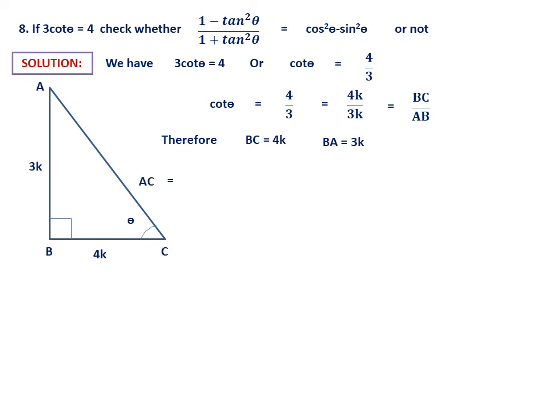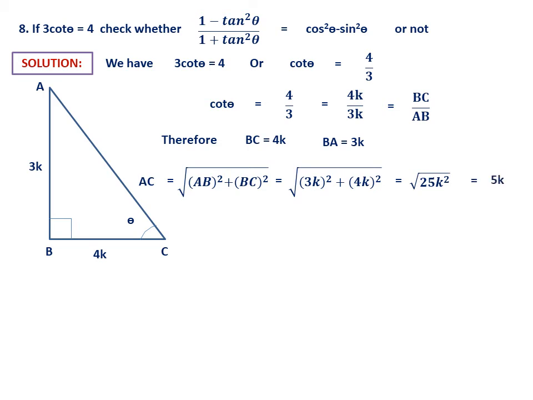Now we have to find AC, Pythagoras theorem. Therefore, hypotenuse AC will be equal to square root of AB square plus BC square. Substitute. So 3K whole square plus 4K whole square. This is a very simple case. 25K square, when you simplify, it is 5K. Therefore, hypotenuse is 5K.